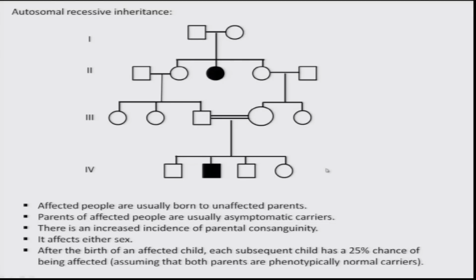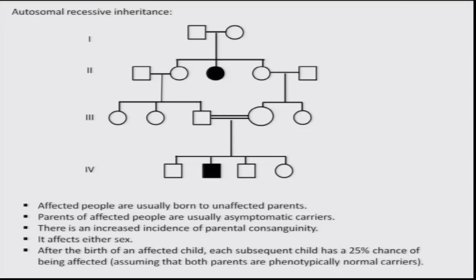After the birth, you are talking about, say suppose this individual had the phenotype, and if they are planning for one more child, what is the probability that that child, the fifth one for example, would have the same phenotype. So, after the birth of an affected child, each subsequent child has 25% chance, because for you to have the phenotype, you have to have both alleles carrying the mutant forms of the gene, then only it would show.